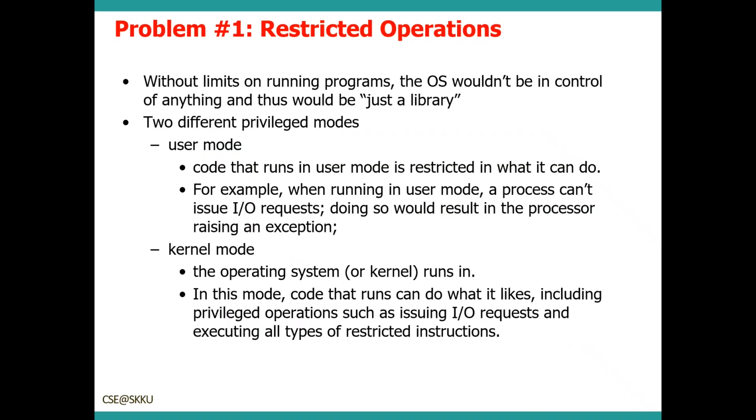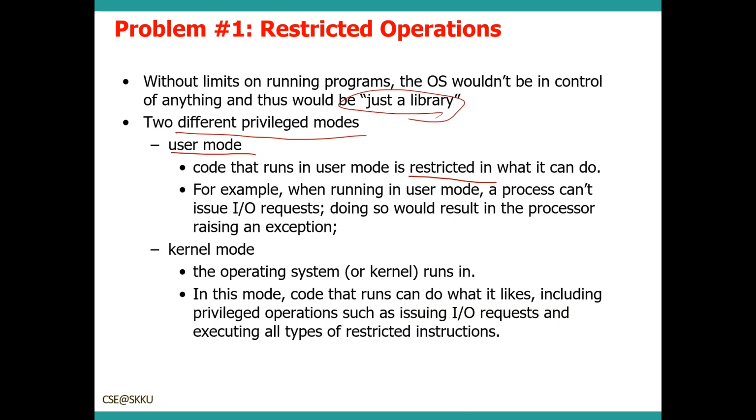Without limits on running programs, the OS wouldn't be in control of anything, and thus would be just a library. To restrict program operation, we need two different privilege modes in the hardware. In user mode, user programs run, and their operation is restricted.